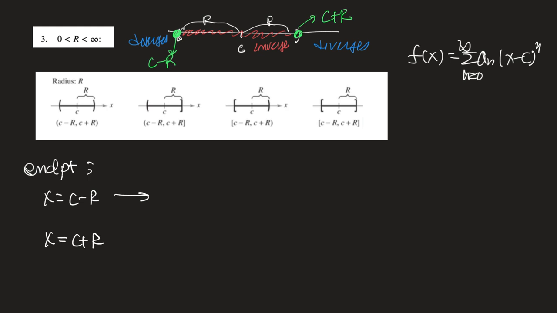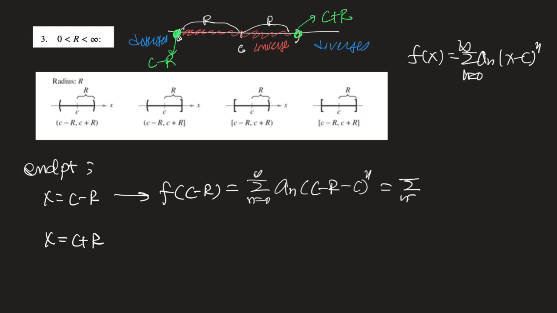So plug into the power series. Here is f of c minus r, the summation from n equals 0 to infinity of an times c minus r minus c to the n, which is the summation from n equals 0 to infinity of an times minus r to the n. So you have to check whether this series converges or diverges.